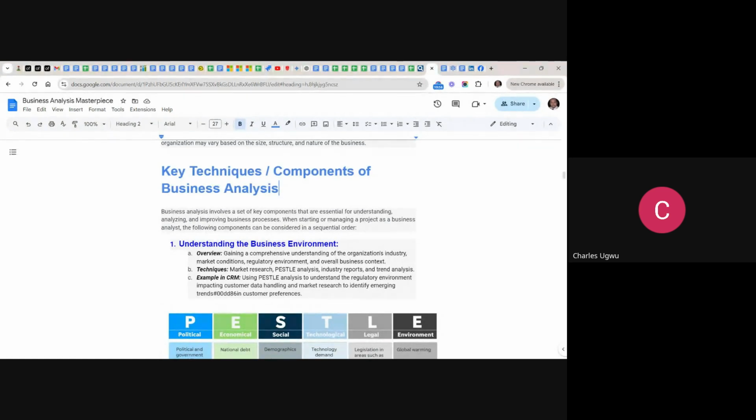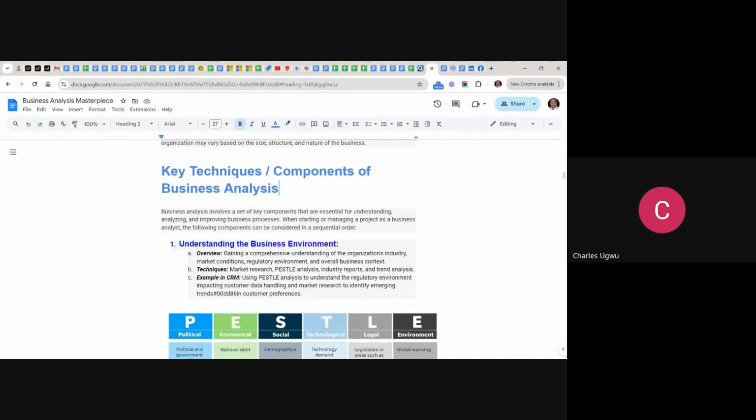Like we said, business analysis involves a set of components that are essential for understanding, analyzing, and improving processes. And we are starting from understanding the business environment. You need to understand the business environment. That's the first thing we need to understand.